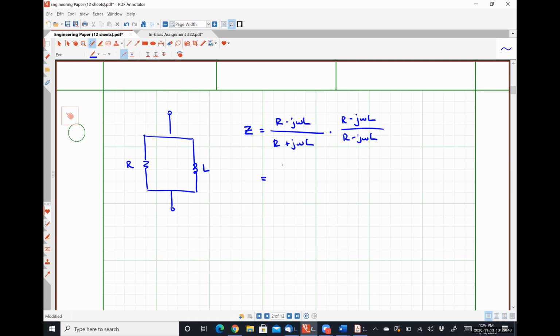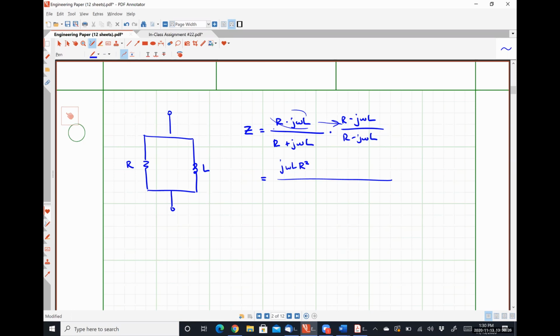So I'm going to have J omega L R squared. So that's me multiplying this guy by that R. So this is the expression in which the left-hand side is the two elements in parallel, an impedance of R in parallel with an impedance of J omega L. The right-hand side, I am manipulating to make it a rectangular form complex number because I want to show you something.